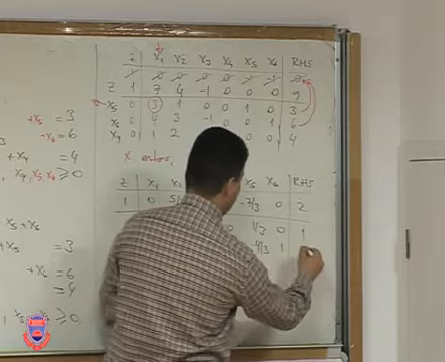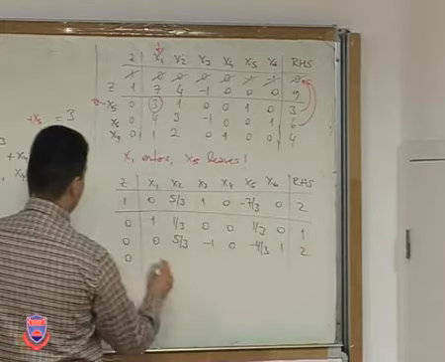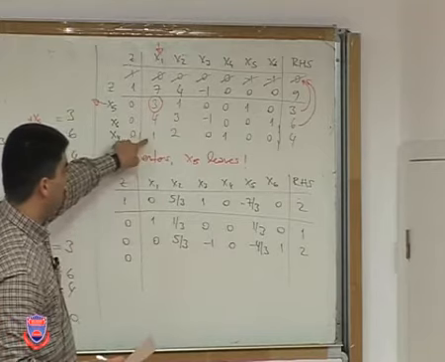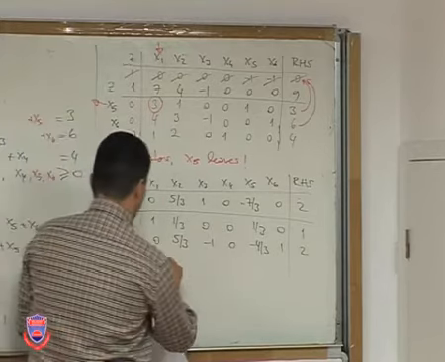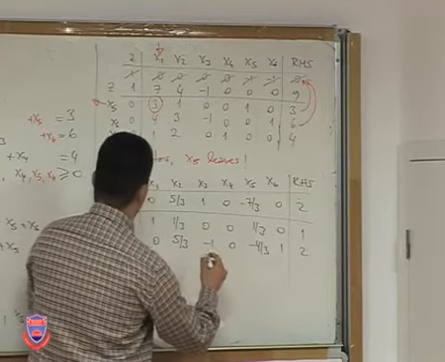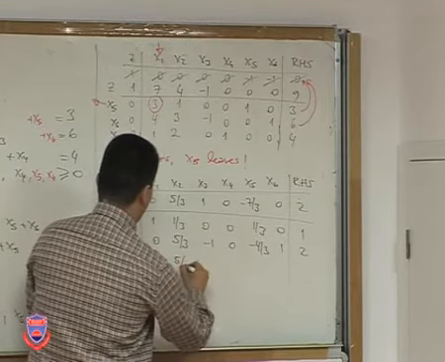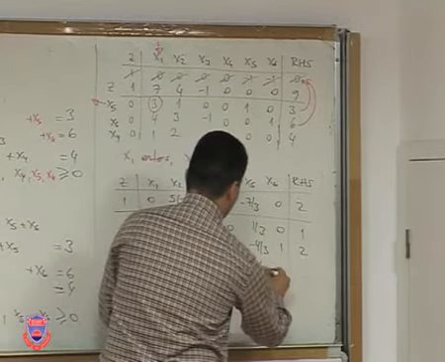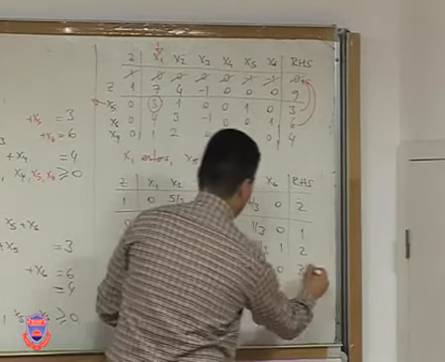The right-hand side value becomes 2. And finally, I'm going to take the new row 1, multiplied by minus 1, and add it to row 3. And if you do that, you have 0, 0, 5 over 3, 0, 1, minus 1 over 3, 0, and the right-hand side value is 3.